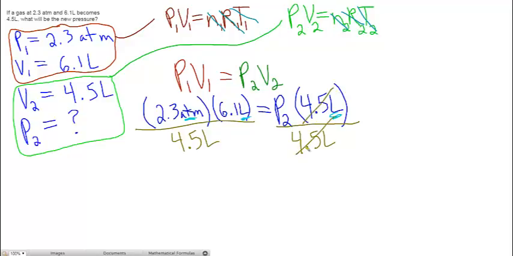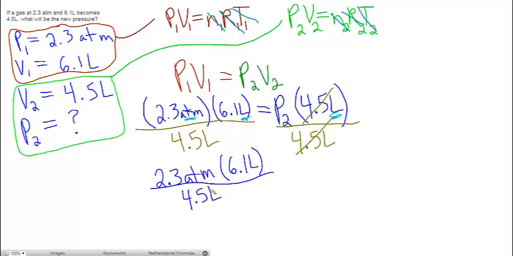So I'll cross this out, and what I'll be left with is 2.3 atm times 6.1 liters divided by 4.5 liters equals P2. Once again, the liters are going to cross out because of the division, and I'm going to be left with atm, so that's going to be the units for my answer.